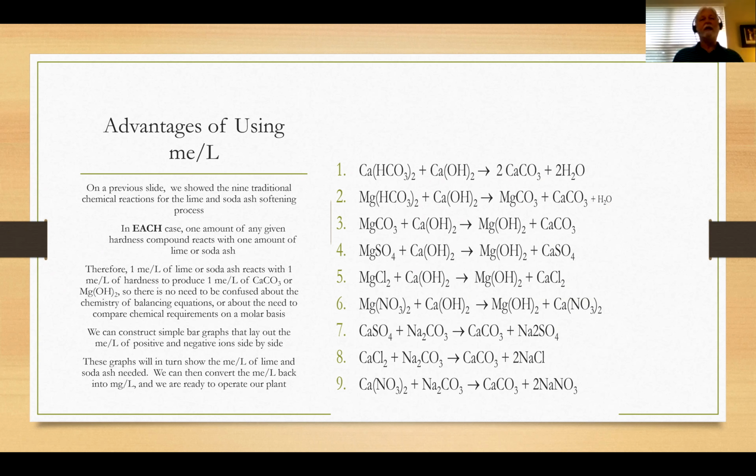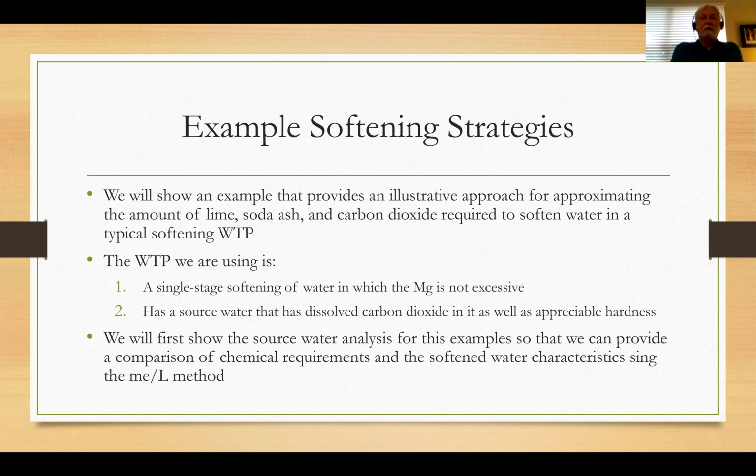So let's talk about how to develop this milliequivalent bar graph. Next slide. We're going to do some example softening strategies. We'll show you an example that provides an illustrative approach, and it's a single stage so that it's simpler to understand.